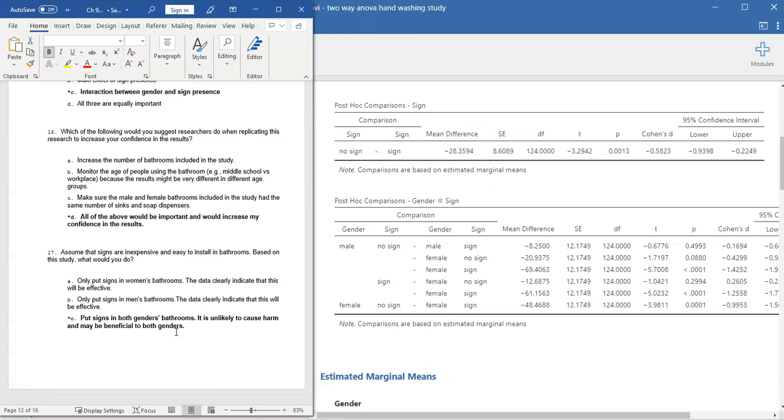And then you want to monitor the people going in and their age, just to make sure, there might be a difference in age in hand washing behavior, perhaps. And then finally, you want to make sure that you have the same number of sinks, basically the same layout of bathroom, to make it a fair comparison.